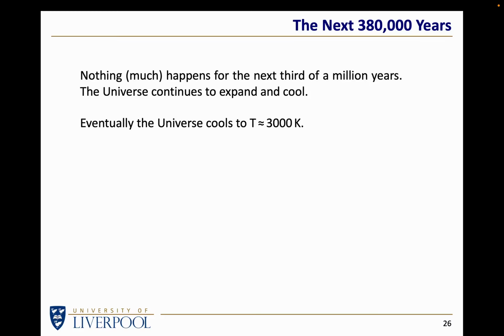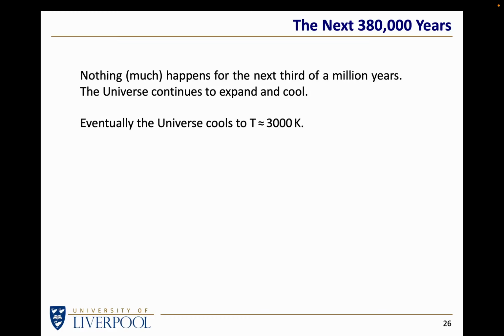Why is that a particularly interesting temperature? Because that's the temperature at which it is possible for the nuclei, let's just take a single proton here for hydrogen. Up till now, the proton has been floating around on its own, and there's been a whole load of electrons flowing around it as well, negatively charged. But at this particular point, the temperature is low enough for a proton to hang on to an electron.